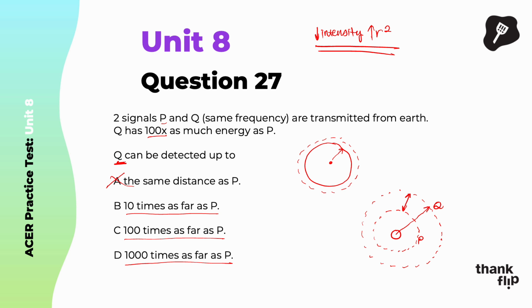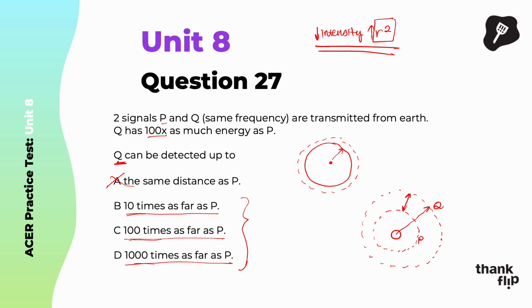But in terms of how far it is, we don't need to think about the actual proportion because we're already told that Q is detected further than P, right? All of these scenarios, Q is detected further than P, so we just need to think about the r squared value now, okay?